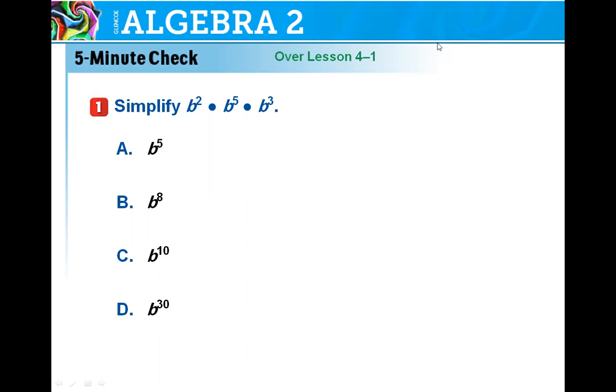Before we talk about the new lesson, the binomial theorem, or how we can expand binomials where the powers are more than 3, such as 4, 5, 6, and so on, we use a special way to get the answer.